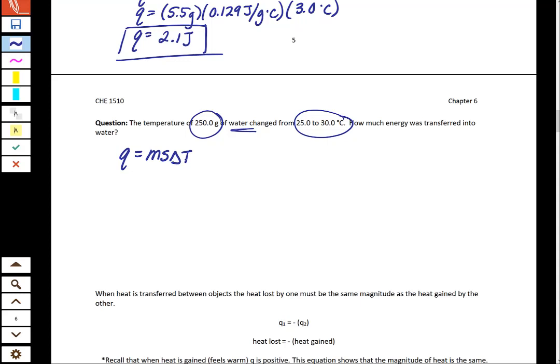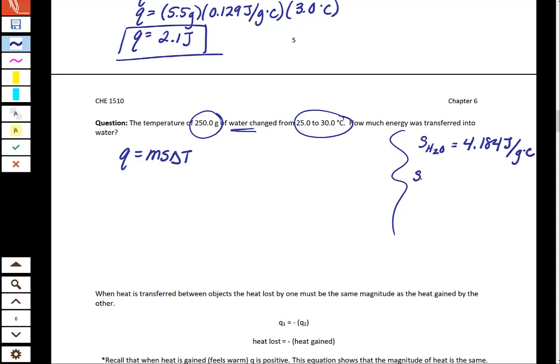But you'll notice that the problem didn't give us the S for water. That's fine. We're capable of looking that up. So the specific heat of water is going to be 4.184 joules per gram degrees Celsius.